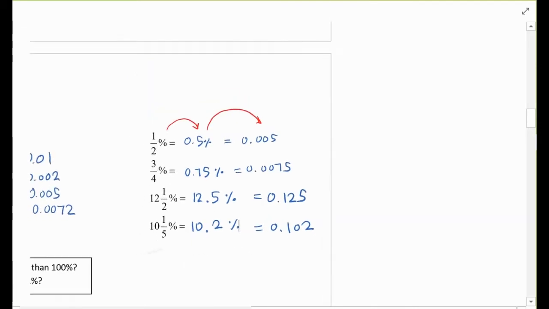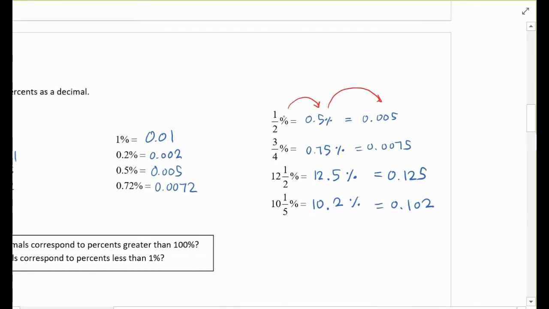Okay, again, everyone, when you have a fractional percent, you have to do 2 steps. Step 1, step 2. Some students think this is just 0.5. No, it's 0.5%. And if you change that to a decimal number, that will be 0.005. Okay?